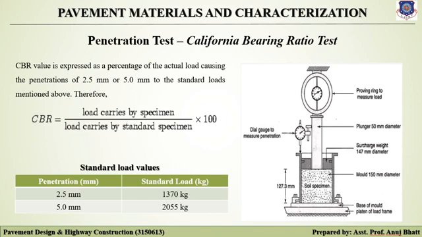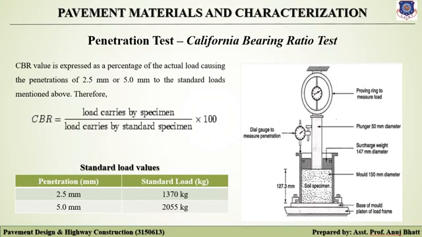At the end, the CBR value is expressed as a percentage of the actual load causing the penetrations of 2.5 mm and 5 mm. We have conducted this penetration at different penetration distances, but for the CBR test we are taking 2.5 mm and 5 mm as a standard load.